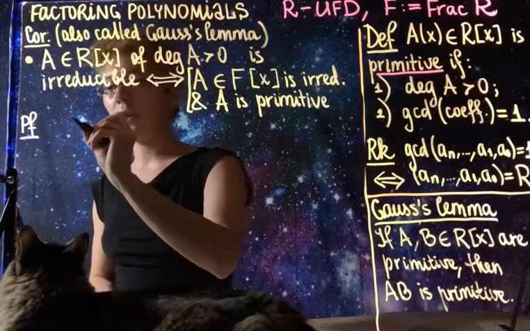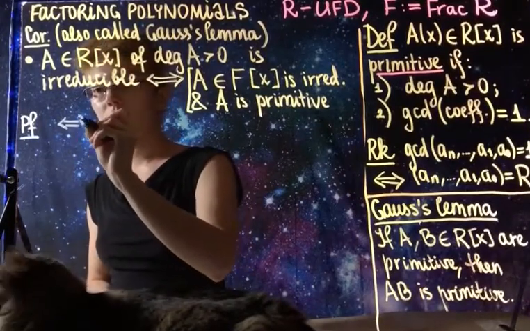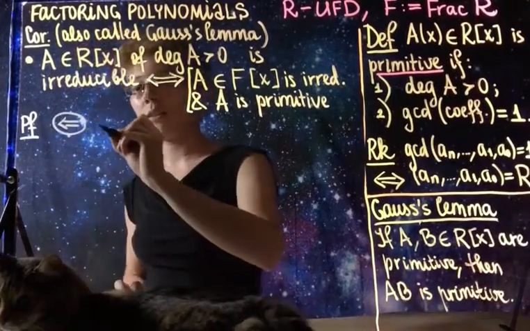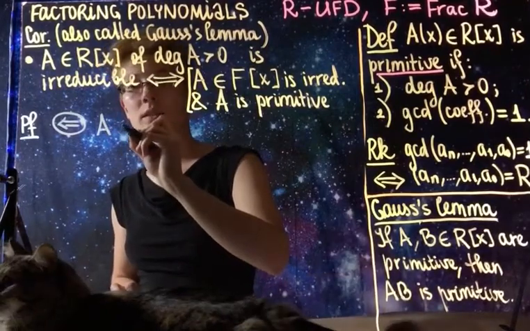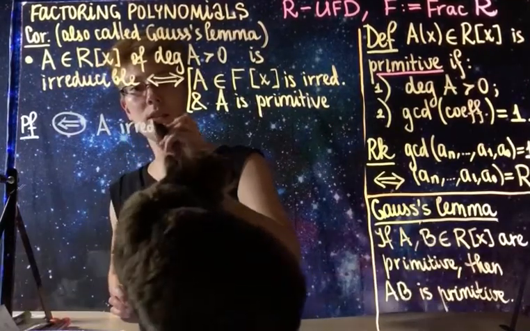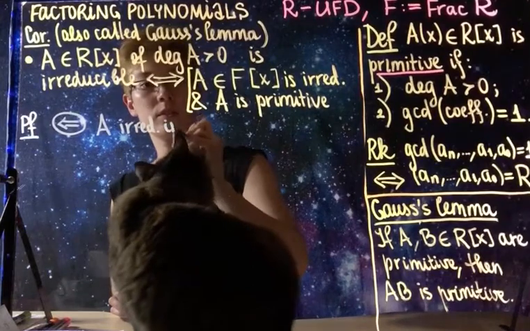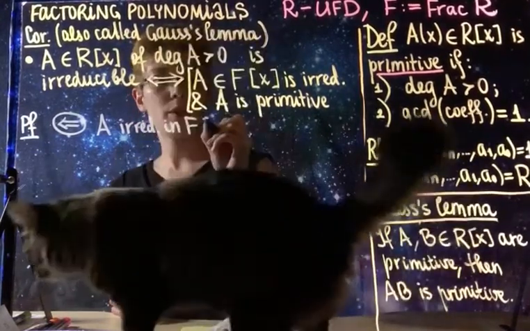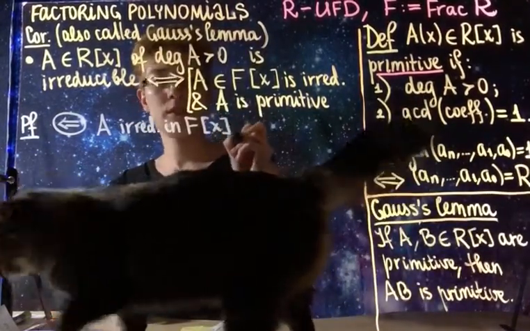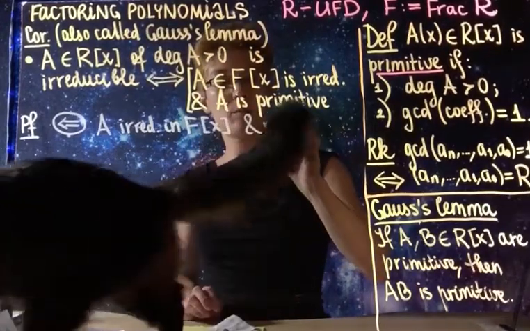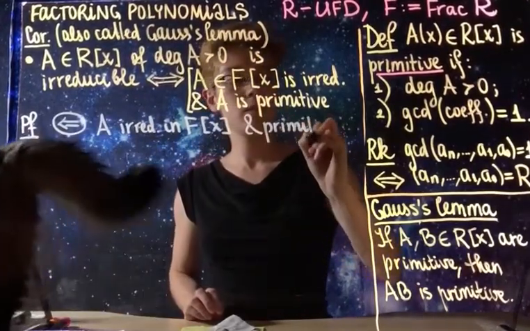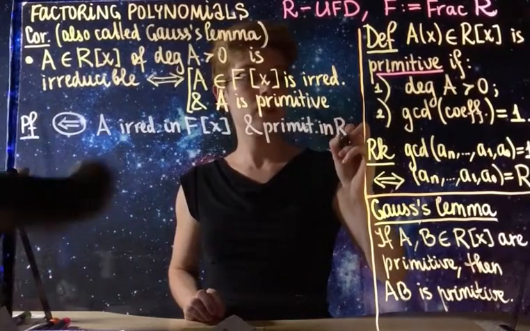Let me now prove the opposite direction. And I assume that A is irreducible as a polynomial with coefficients in F, and primitive in R adjoint x.